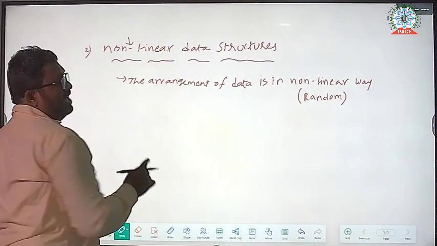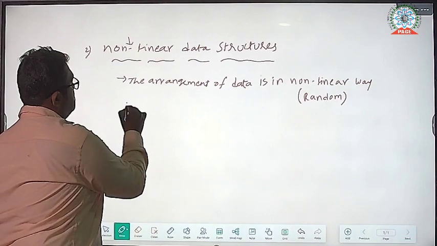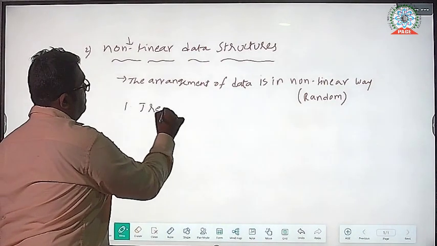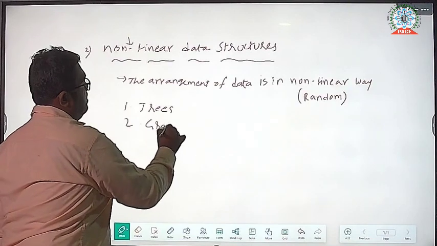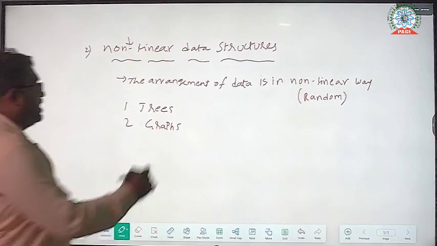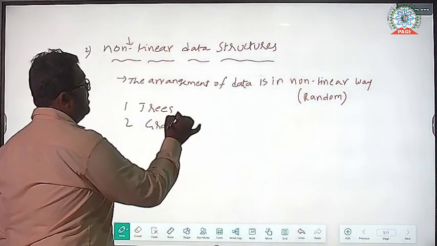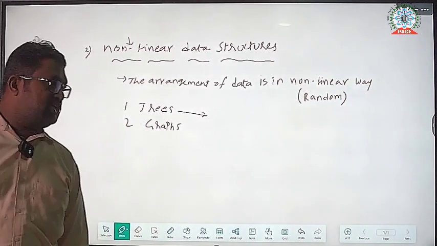Okay. Now, as we discussed, we have two types of nonlinear data structure. One is trees and second one is graphs. Now I am going to explain briefly about trees. So tree is a nonlinear data structure.